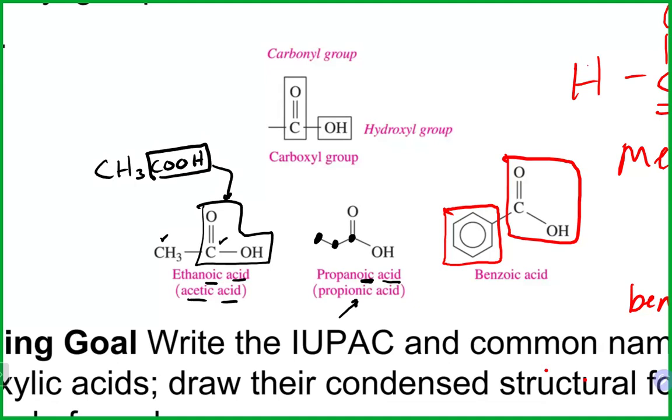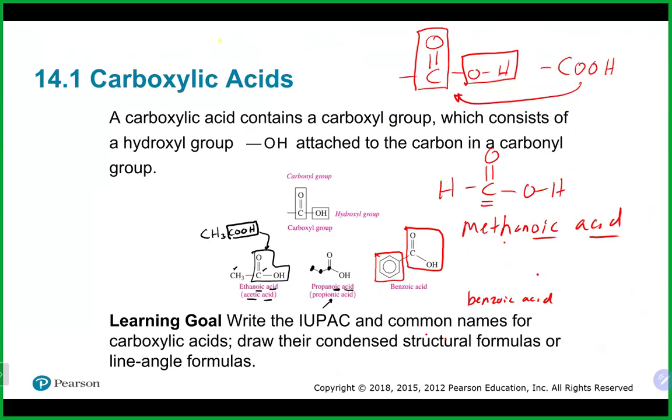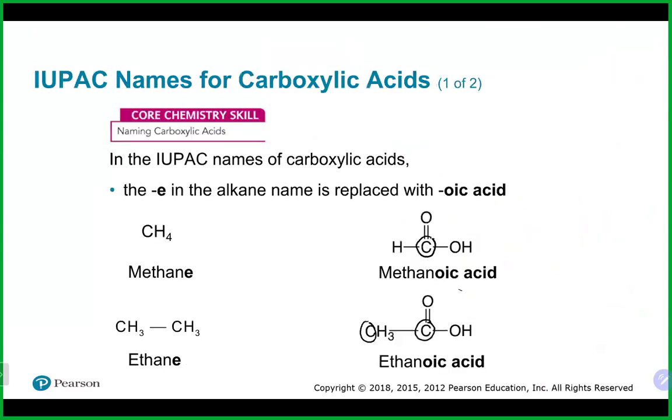So again, that is sometimes how in formulas the carboxylic acid group or carboxyl group is sort of abbreviated. So when you see that, that is, again, what the connection looks like down there. Any questions on that there? So again, basically just going to drop the E and add in oic acid.